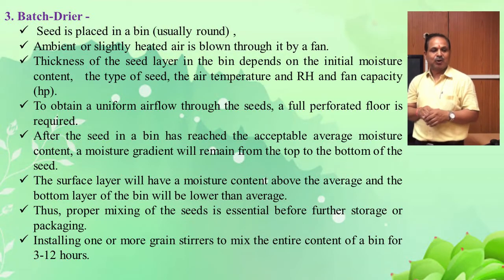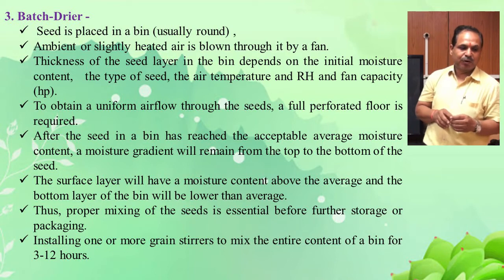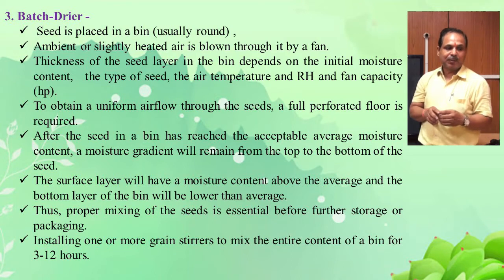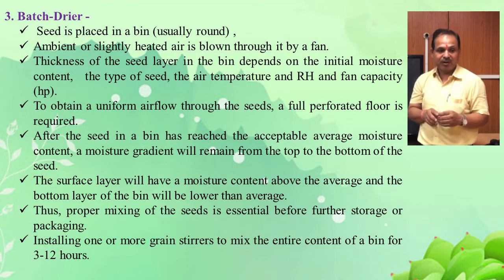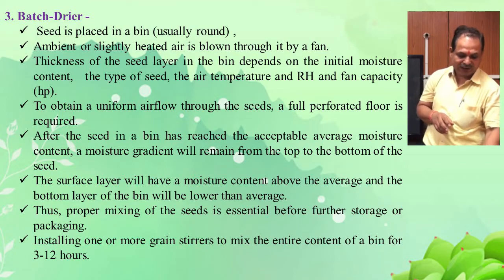Installing one or more grain stirrers mixes the entire content of the bin for 3 to 12 hours. Proper mixing of the seed is essential before further storage or packaging. All these factors should be considered.